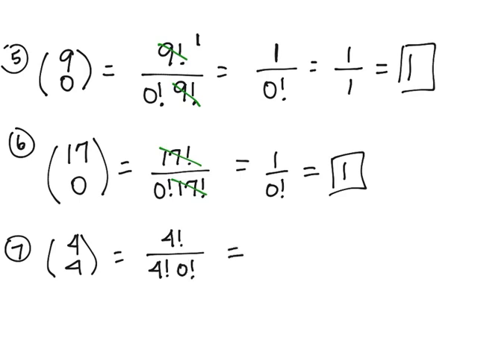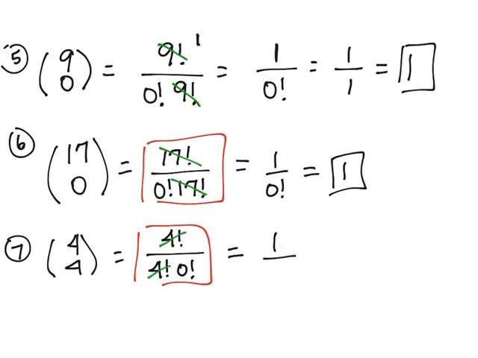So it looks just like if it was over 0. So this too would make us have a 1, because you're going to be left with 1 over 0 factorial, which is still 1. So if I give you the same number over itself, it is also 1. Okay?